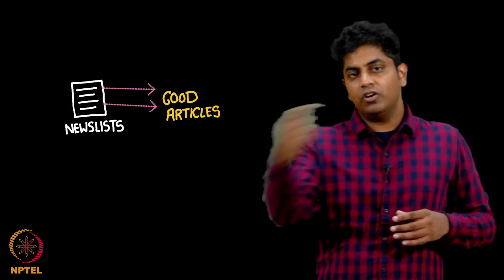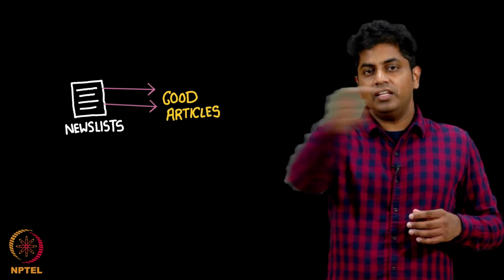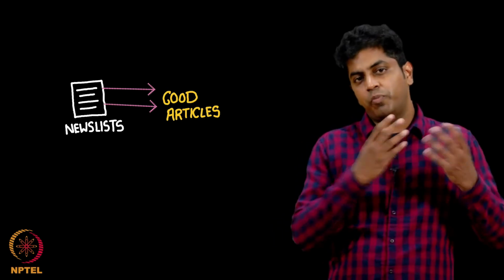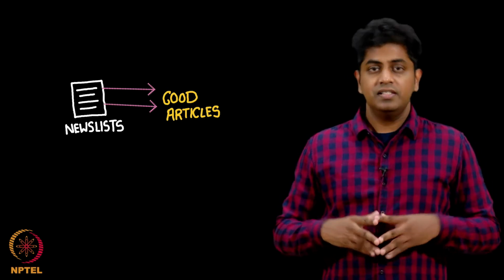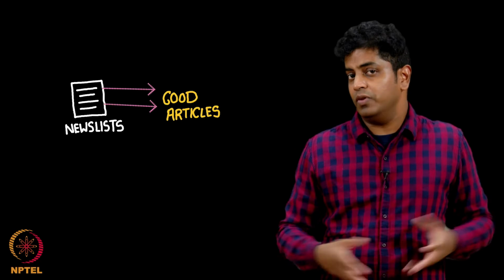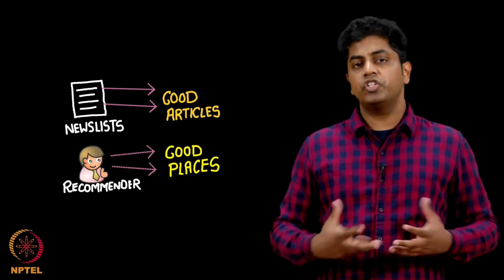You would click on it, go there and see that it is good, and then you would say this news list is good because it points me to the right articles. Just the Raj Ramesh example I gave you, right. So this was a way in which you could rate a bunch of boards which would point you to nice news articles, and that was the birth of this concept called hubs and authorities.